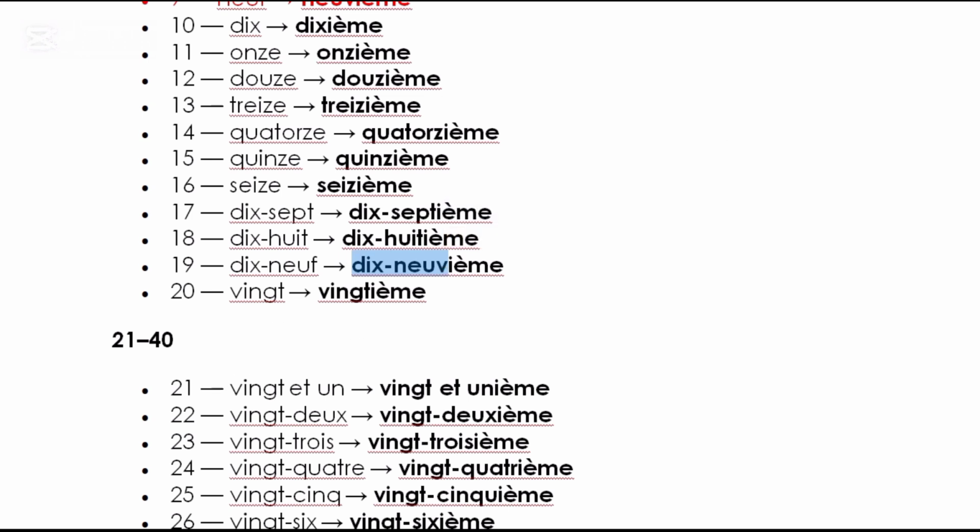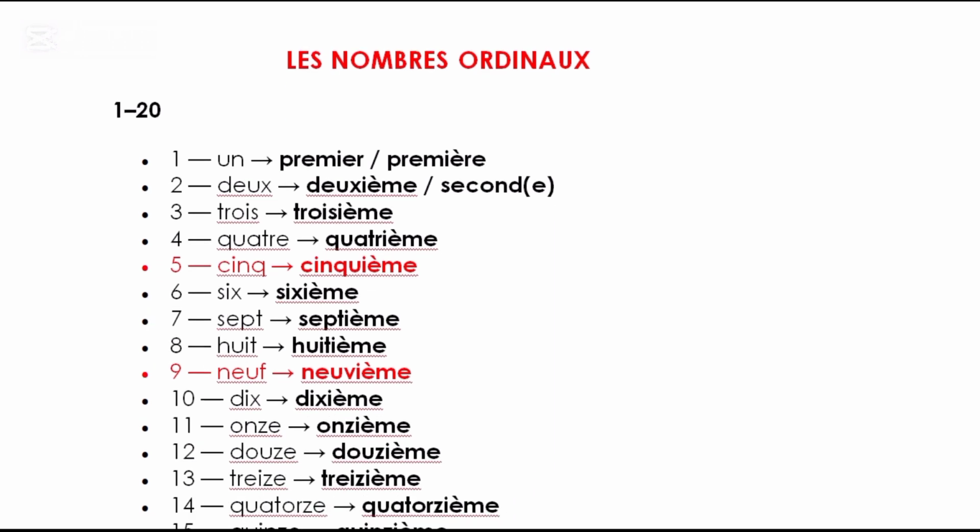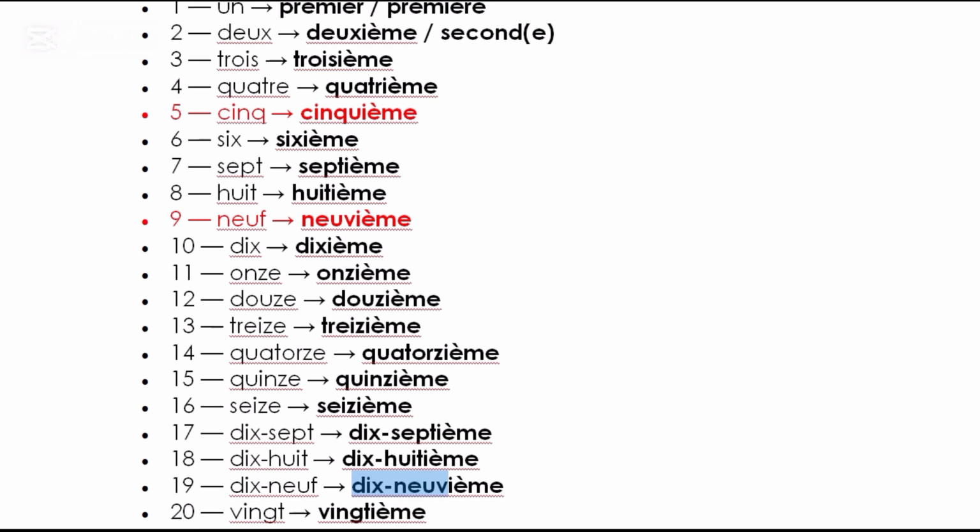So you should know that we derive ordinal numbers from cardinal numbers. You take the cardinal number and put the suffix ième. The cardinal number that ends with E, you remove the E and add ième.